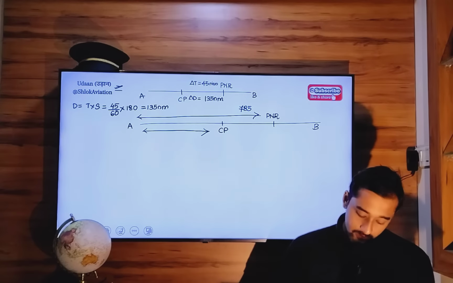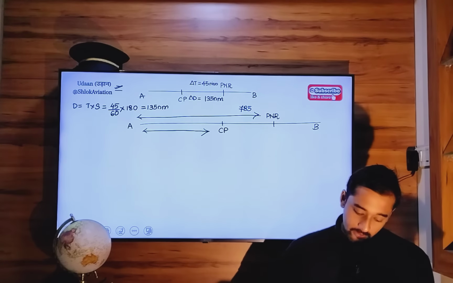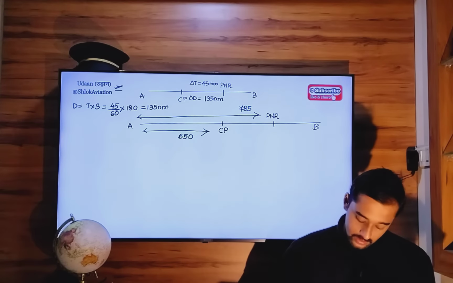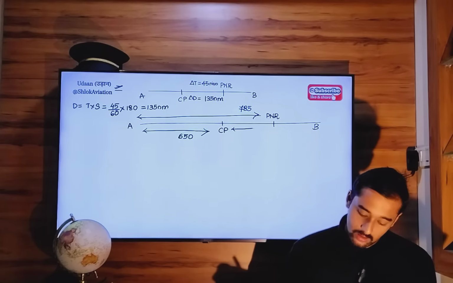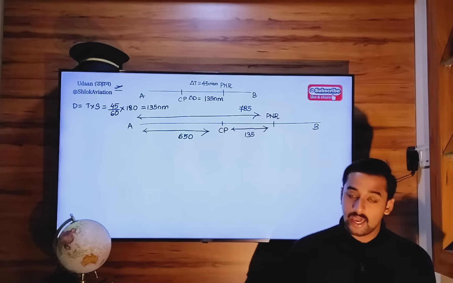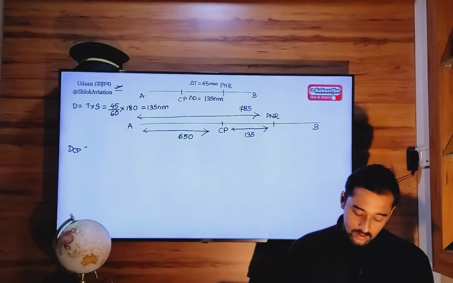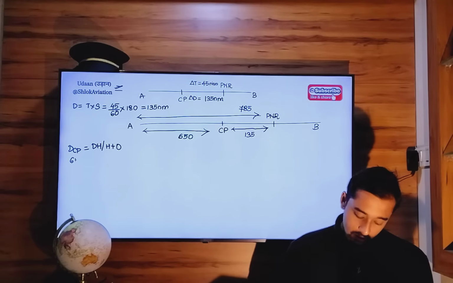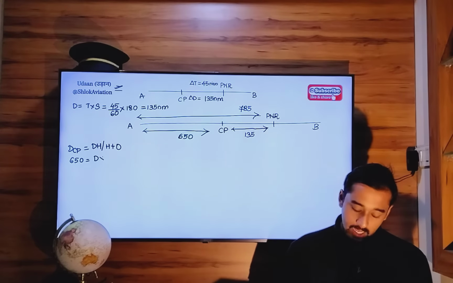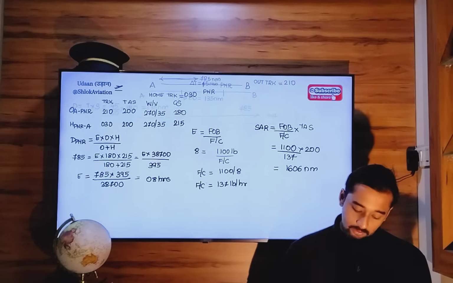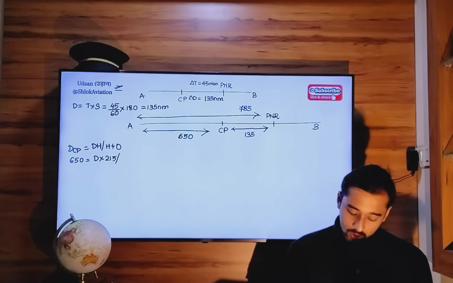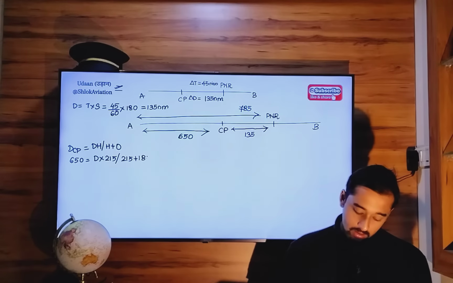So 785 minus 135 is 650. Now we have the distance to critical point, 650, equal to total distance between A and B times homebound speed 215, divided by 215 plus 180. Simplify this.